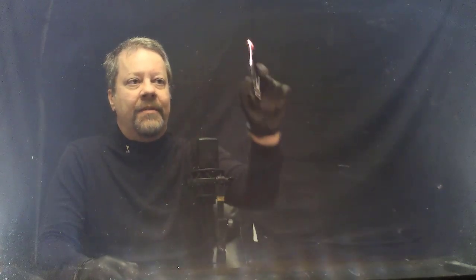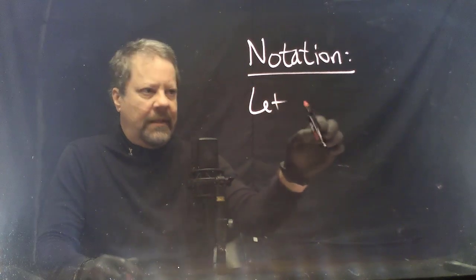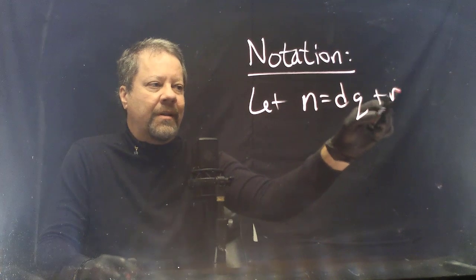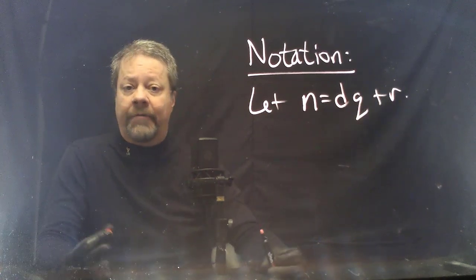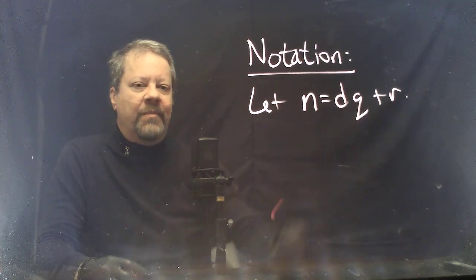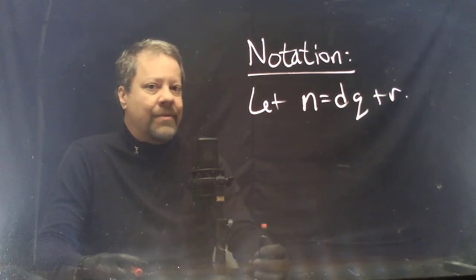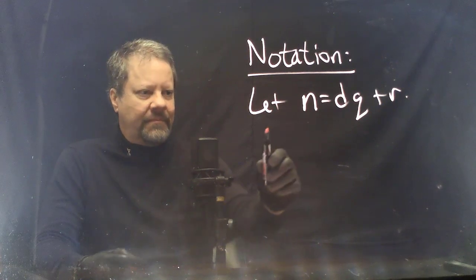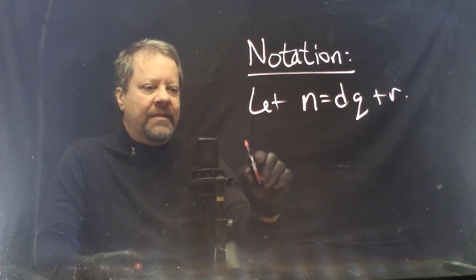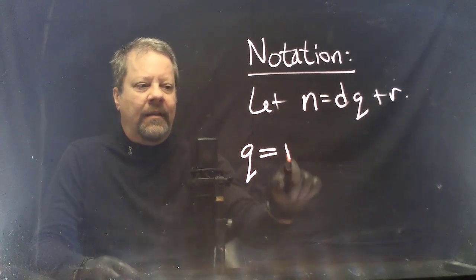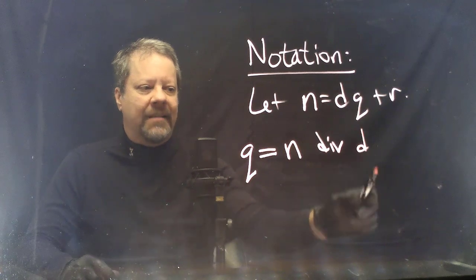We're also going to introduce some notation. Let us have n equals dq plus r, where n, d, q, and r all come from the appropriate ranges. We'll assume that r is a natural number or 0, and d also a natural number. Then q will be denoted by n div d.